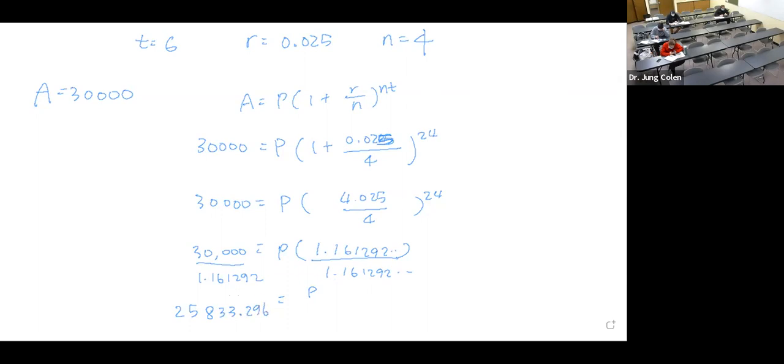Yeah. Okay. So that's how much you're going to put in. So you need to have $25,833, and if you round that, it's about 30 cents, right? That's the principal you have. Does it make sense? Okay, so if you have a goal you're aiming for, you can also find how much you have to invest.